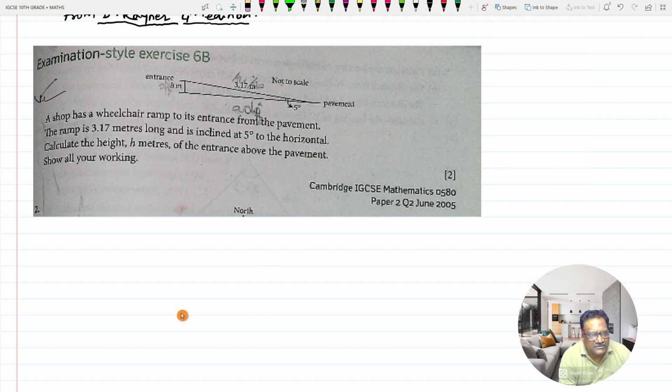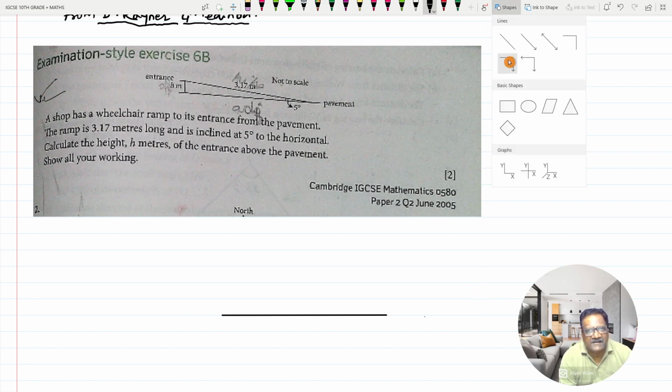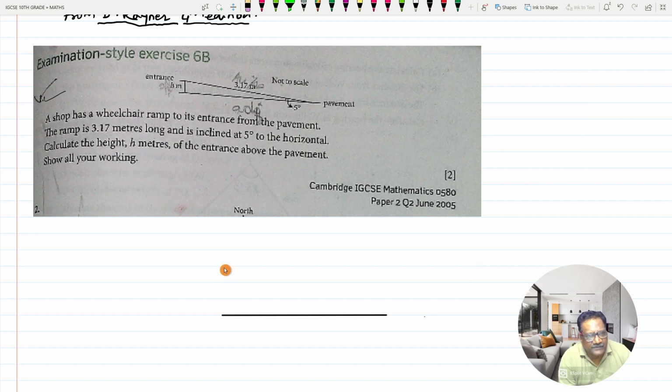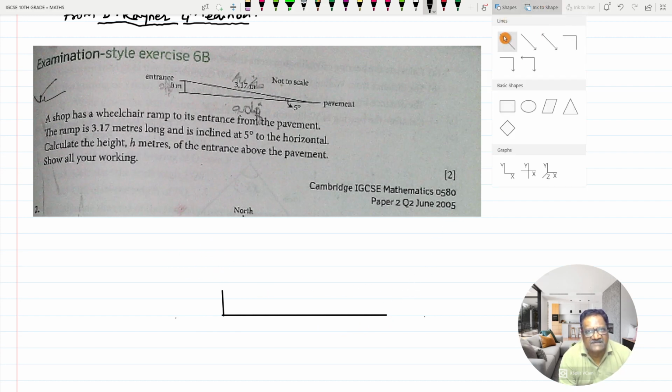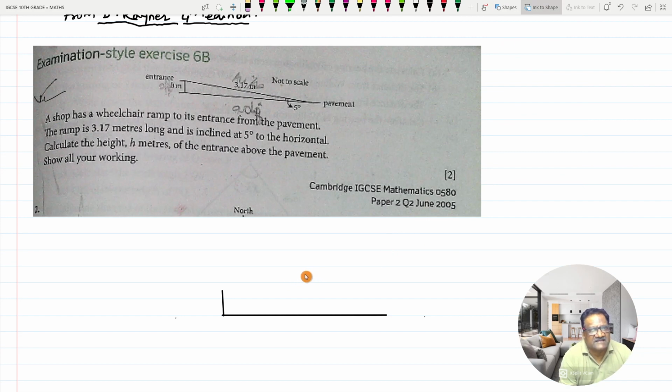So suppose this is the ground level, or you can say the pavement, and this is your shop entrance, and there's one more thing that you can draw, and that is the plank. So the plank, or the ramp, you can say, is running all the way from here to here.